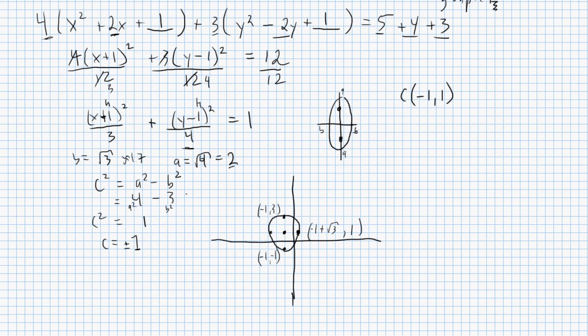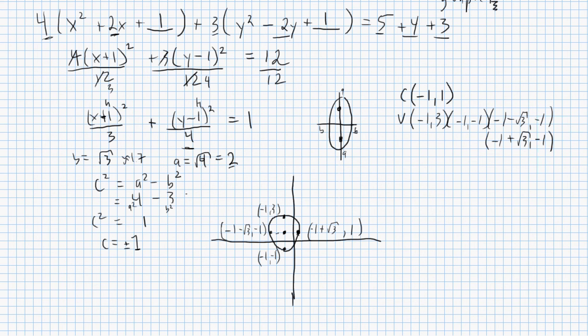And then we started at the center point here, and we counted to the left, left rad 3. So this vertex coordinate is -1 minus rad 3, comma, 1. So here are our vertex points. We've got -1, 3. We've got -1, -1. We've got -1 minus rad 3, 1. And we've got -1 plus rad 3, 1.